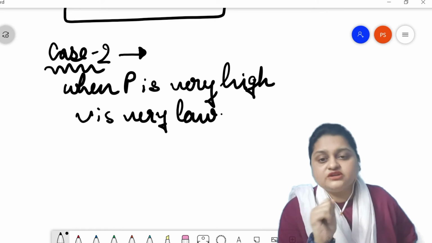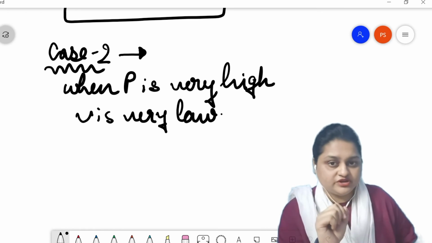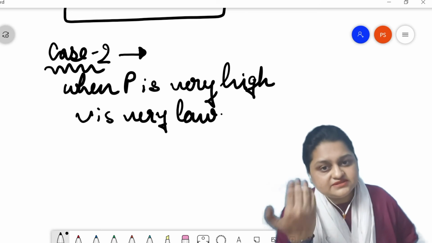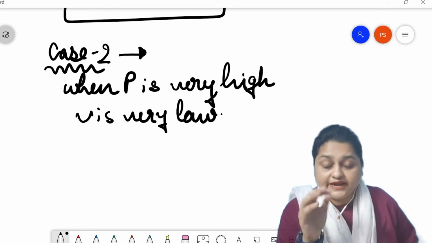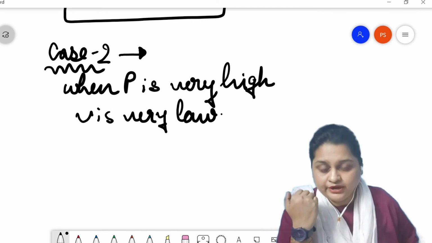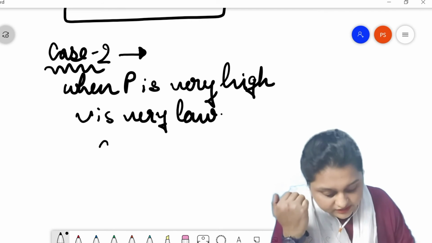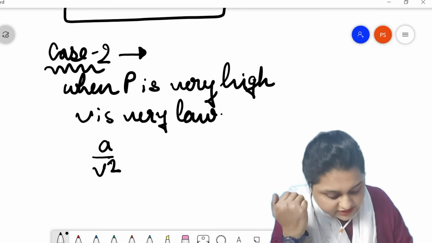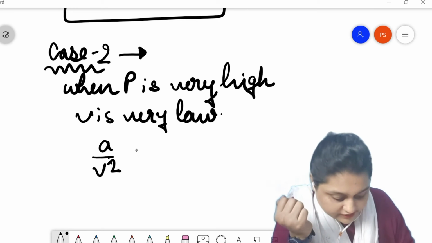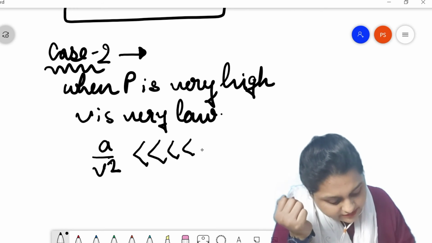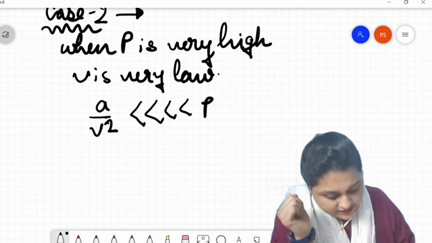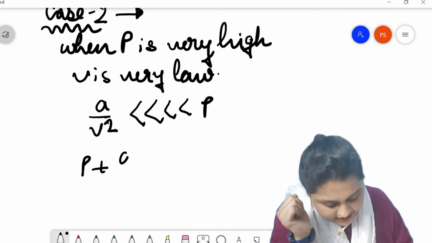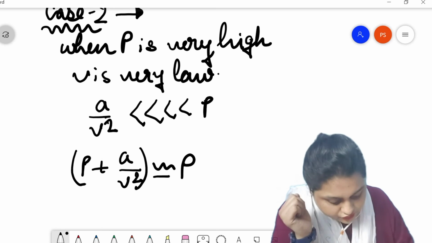But the magnitude of the pressure correction factor becomes excessively low compared to the magnitude of the pressure. That is, A by V square becomes negligible compared to the magnitude of pressure. That's why the term P plus A by V square becomes almost equal to P.